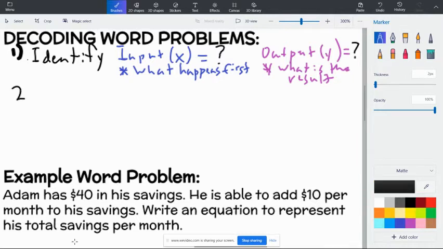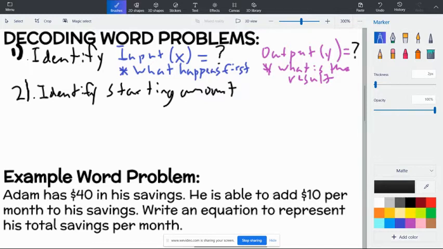The second thing you're going to identify is the starting amount. Put a big box around starting amount.